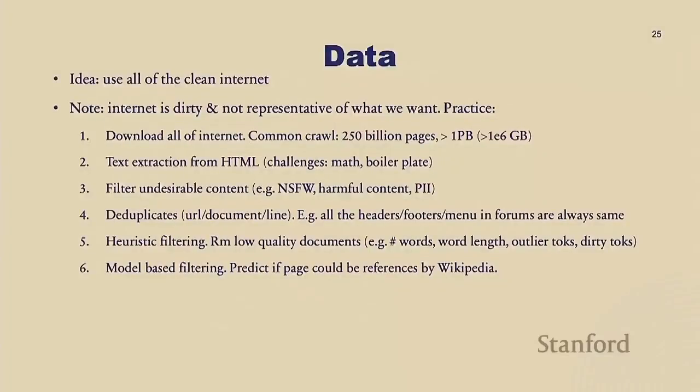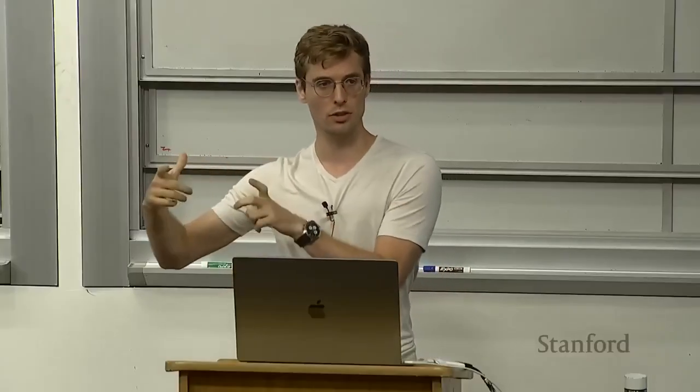Next step, model-based filtering. So once you've filtered a lot of data, what you will do, that's actually a very cute trick. You will take all of Wikipedia and you will look at all the links that are linked through Wikipedia pages. Because probably if something is referenced by Wikipedia, it's probably some high quality website. And you will train a classifier to predict whether a document comes from one of these references from Wikipedia or whether it's from the random web.